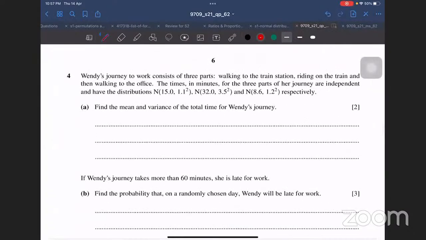And question number 4 says Wendy's journey to work consists of 3 parts: walking to the train station, riding on the train, and then walking to the office. The times in minutes for the 3 parts of the journey are independent and have distributions this, and this. Find the mean and variance of the total time.